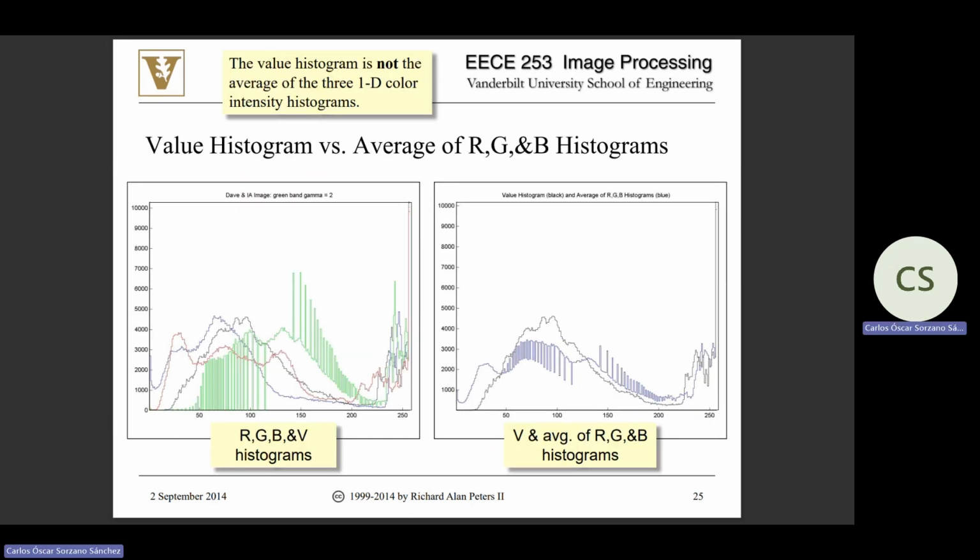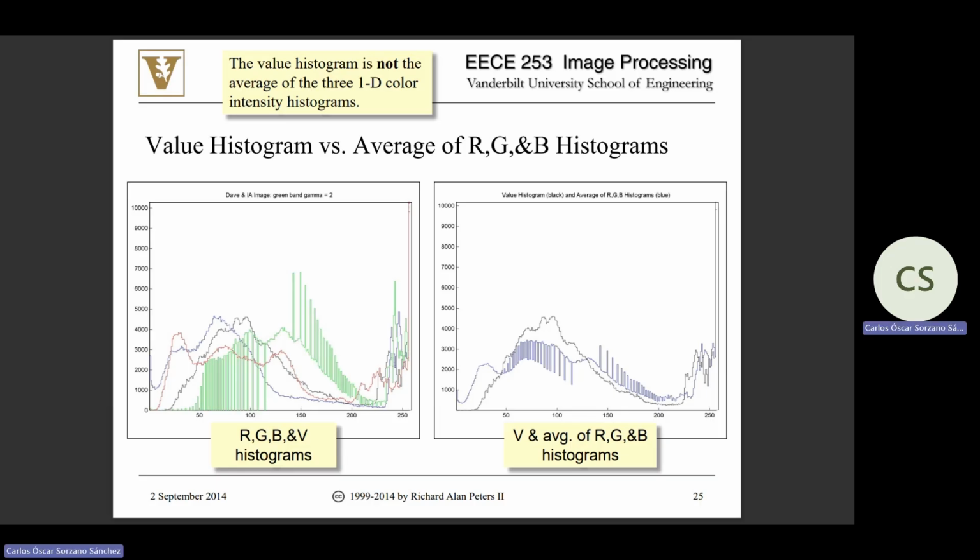Okay, then we can try to compare the RGB and V, so red, green, blue, and value histograms. So these are the ones, okay, whatever they are.